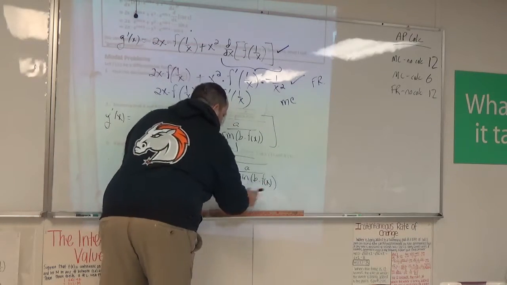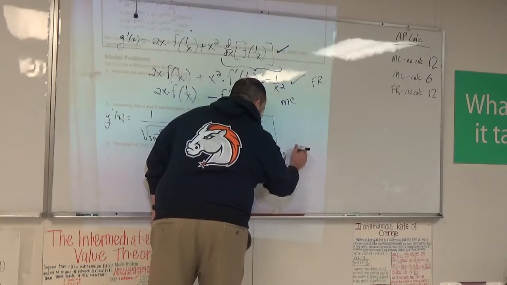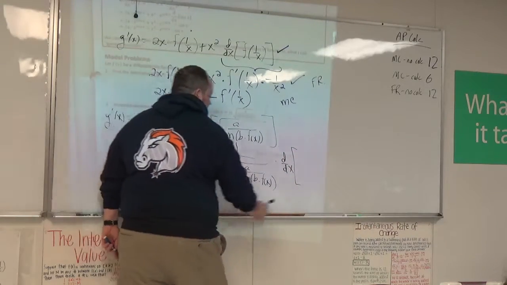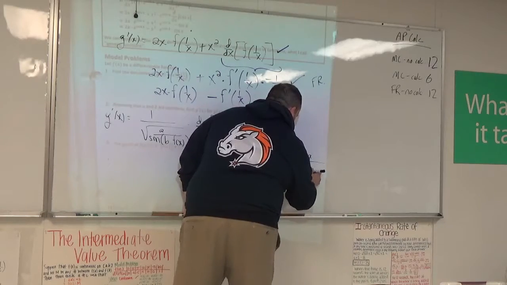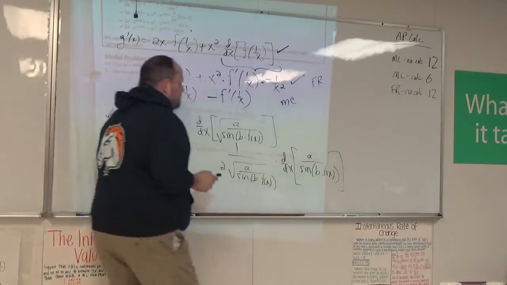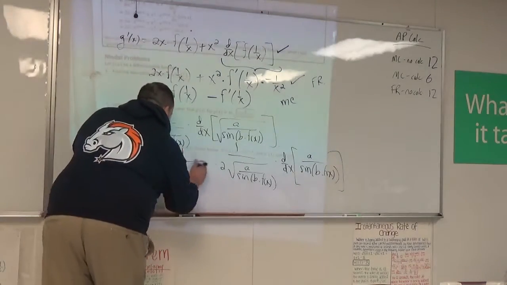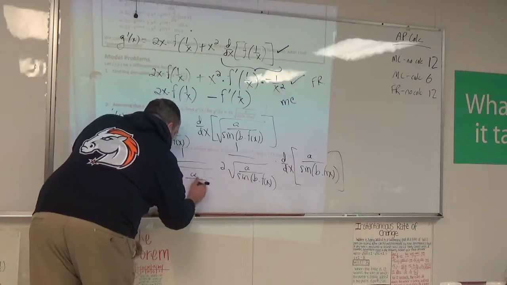Like it. Love it. Not done, because now I need to take the derivative of the stuff, a over the sine of b times f of x. Hopefully everybody's still okay? Don't forget, you still get this 1 over the square root out in front.